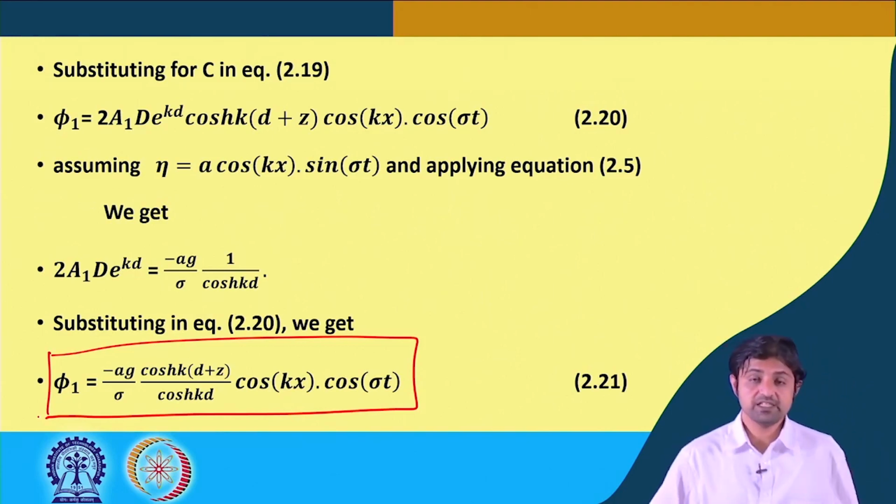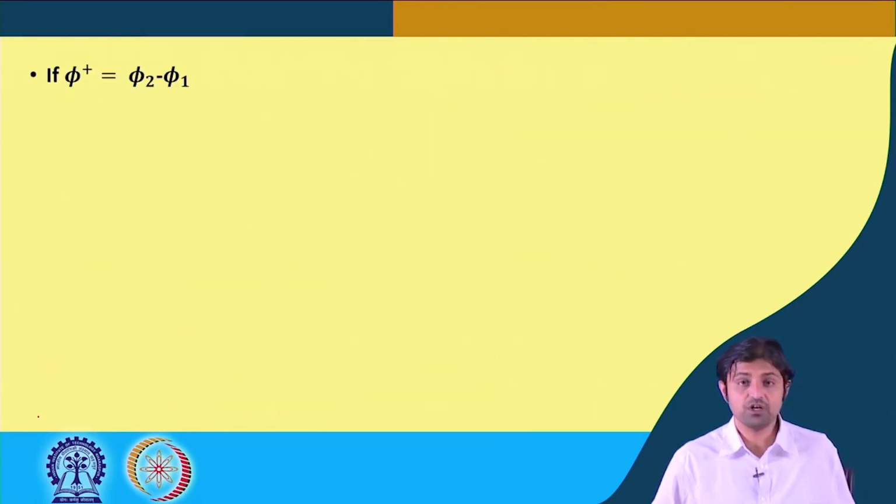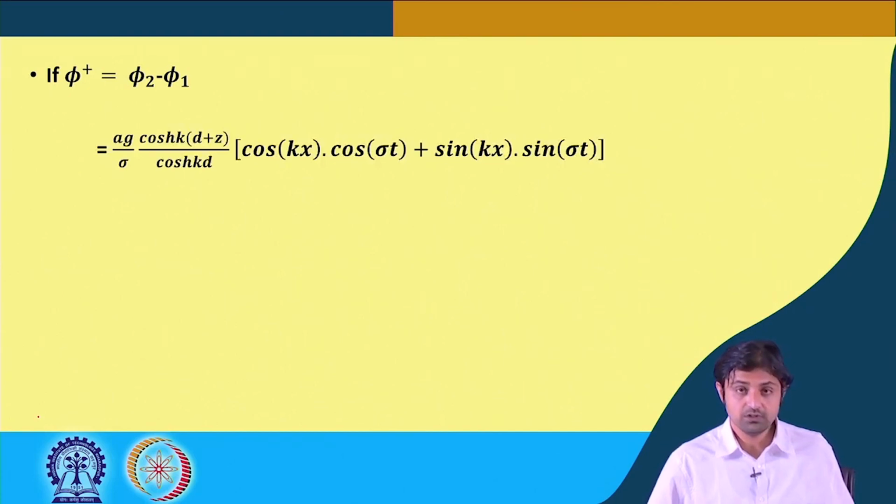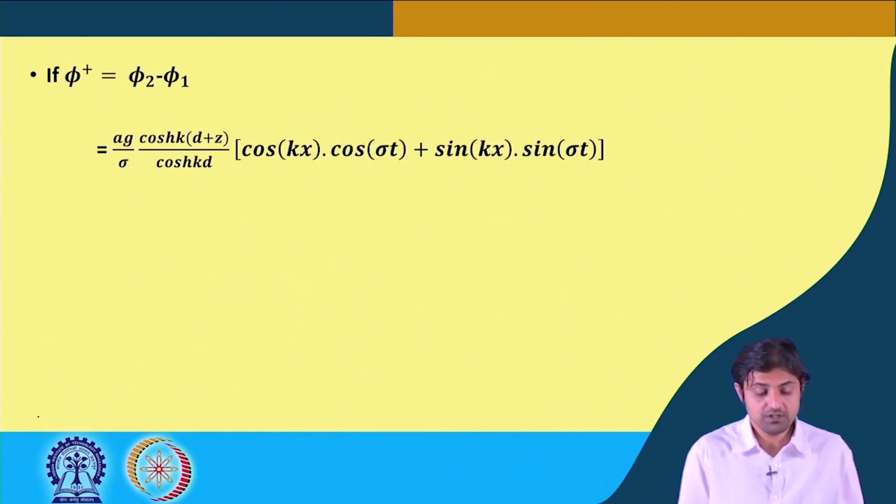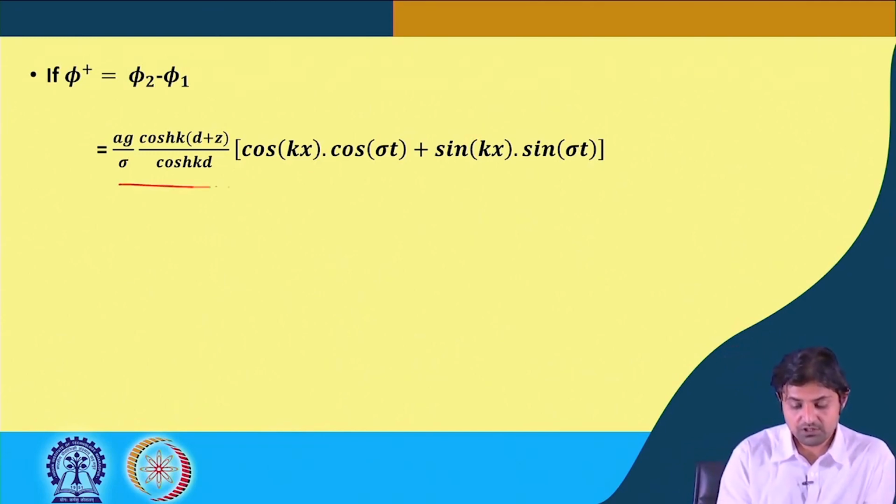Now, you remember I said that the total velocity potential will be the summation of the two terms. So, our velocity potential is going to be phi 2 minus phi 1, or also in terms of phi 3 and phi 4.